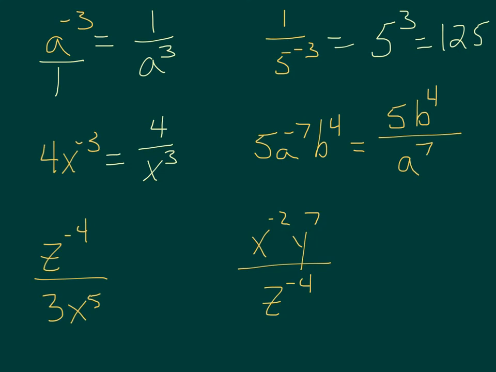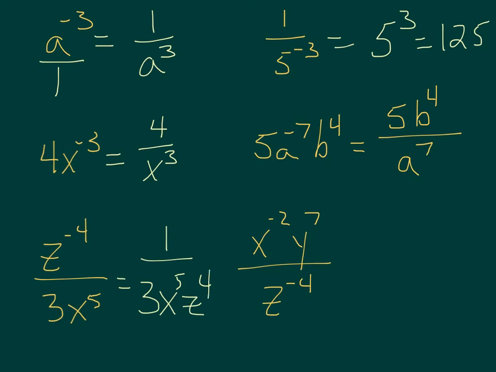In this next example, the 3x to the 5th in the numerator, they have positive exponents. Again, that's 3 to the 1st, x to the +5th. So the only thing that we're really messing with is the z. It drops down. There's something left over. It should be a 1. And then it's 3x to the 5th, z to the 4th.